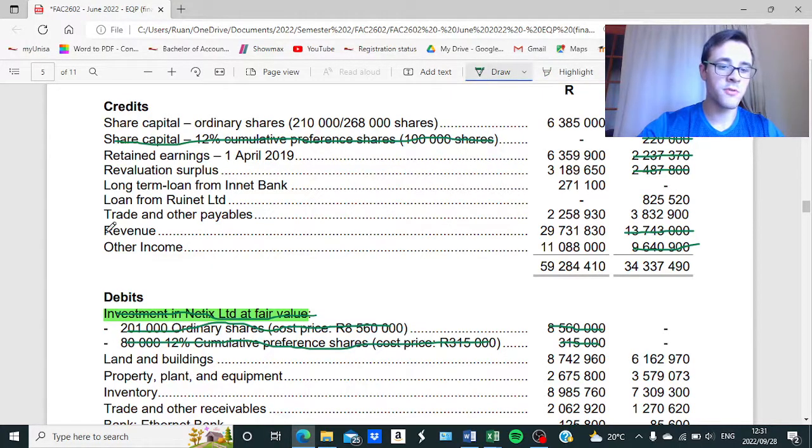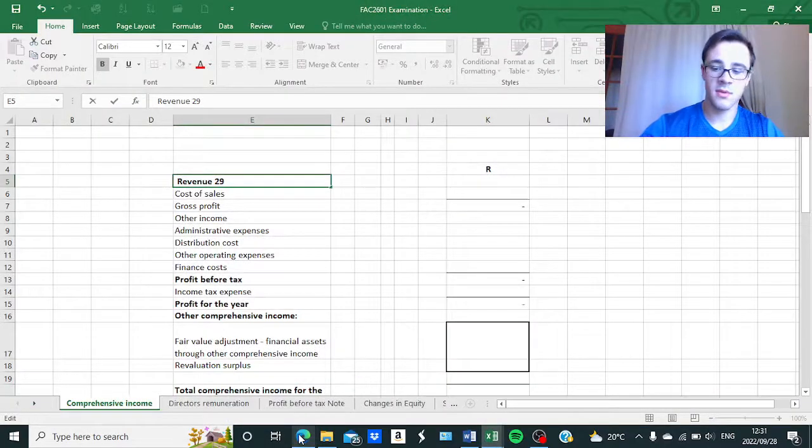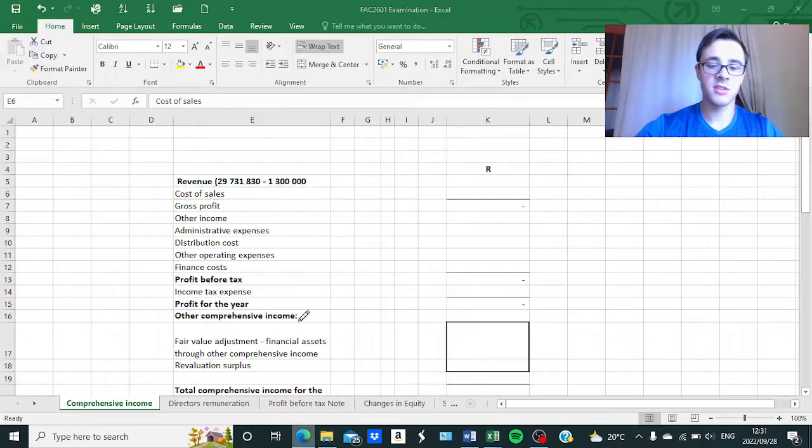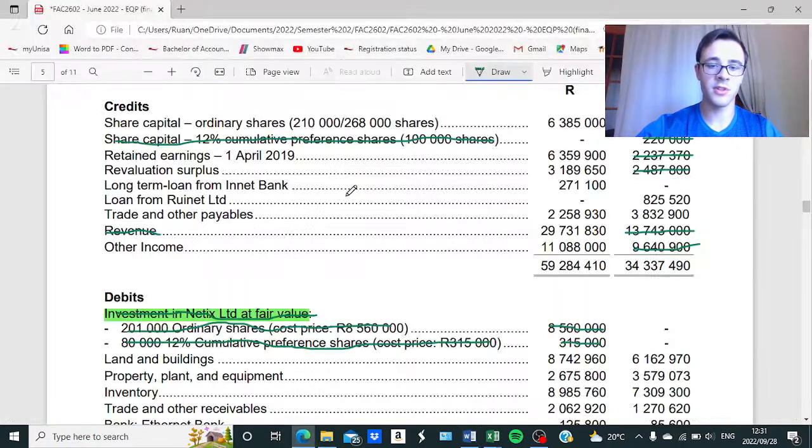So if we look at revenue for the parent, it is 29,731,830. Okay, we are still calculating the amount for revenue for the post-acquisition period, which we will add to this amount. Okay, but we can eliminate the intergroup sales at this stage. So because the sales account of Runate Limited is debited, we decrease revenue by 1.3.